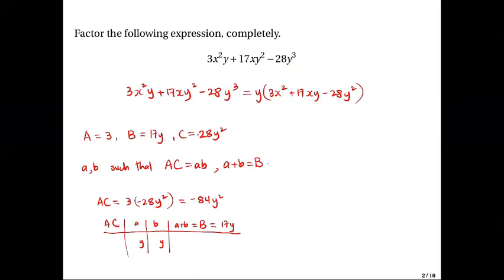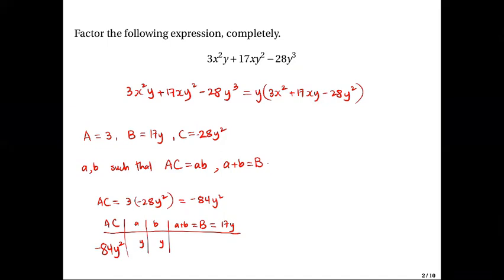So what are some factors? In here, you have capital AC, which is negative 84y squared. Maybe we can use 42 and then 2.